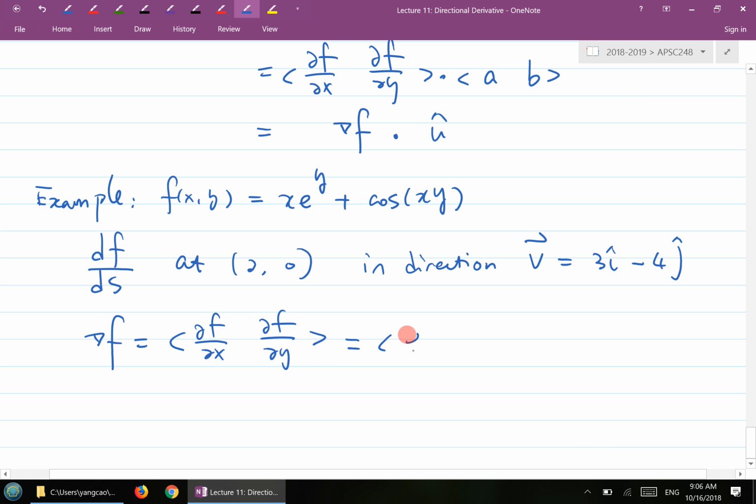The first term, e to the power y, treat y as a constant, so negative sine xy, times y. Second term, with respect to y, you treat x as a constant, and you get x e to the power y minus x sine xy. That's the gradient vector for this multivariable function.